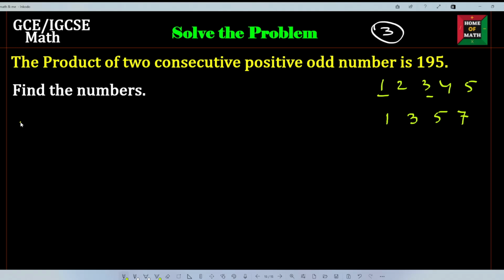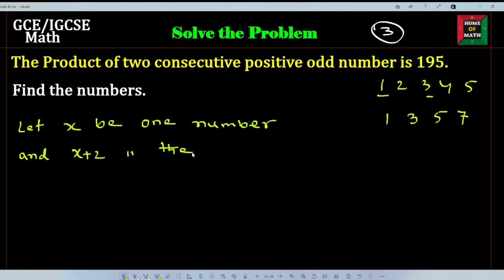So let x be one number, and x plus 2 be the other number.